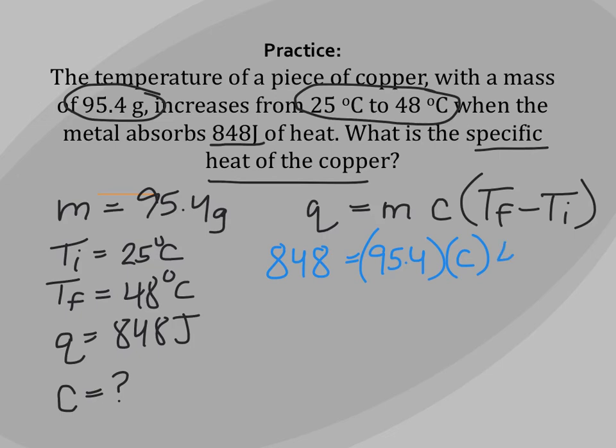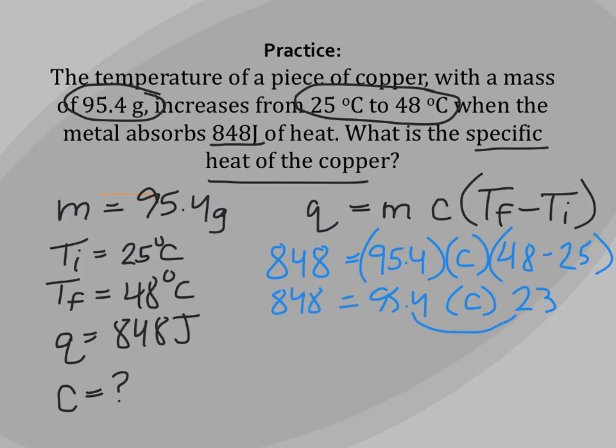Now, the final temperature is 48 degrees Celsius, and the initial temperature was 25 degrees Celsius. So we're going to put that all together, and we're going to start doing some of our math. If I subtract my temperatures, I now have 23 times C times 95.4 equals 848.